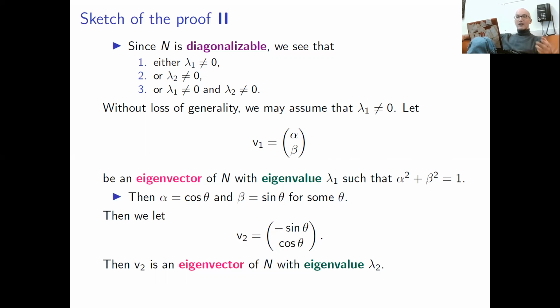Again, we can of course multiply this vector by any non-zero number, and it's going to be an eigenvector. But we want two eigenvectors which are first of all orthogonal, have length 1, and also together these vectors should form a matrix with determinant 1.